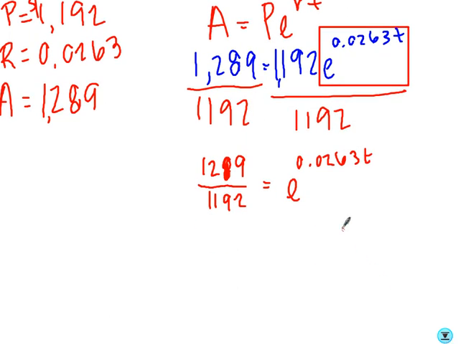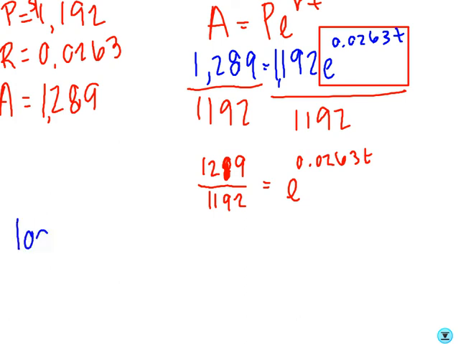Now, just like having any base to a power that I want to get by itself, I need to switch it into log form. Now, e is a special case in which we would use the natural log, but if you are not used to writing that yet, just write it in log first.